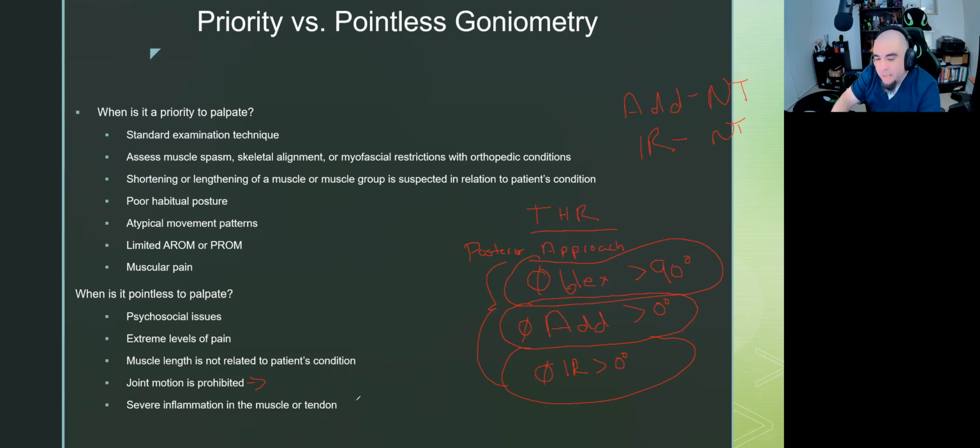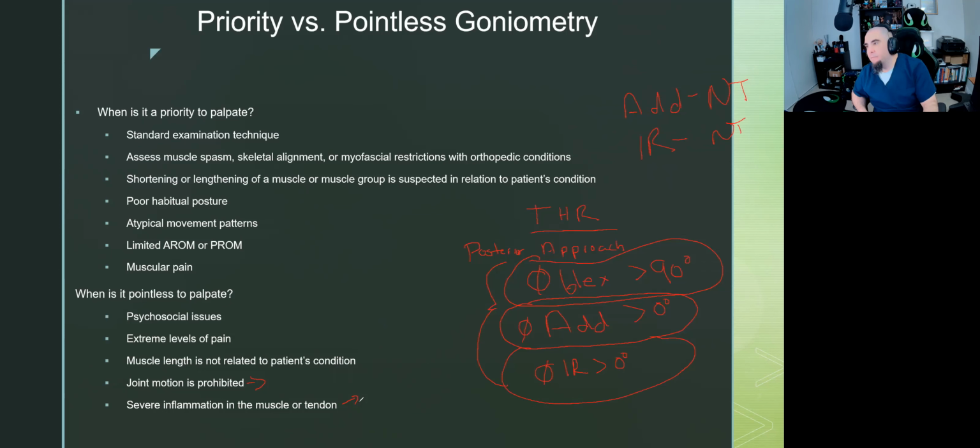If the muscle tendon or the tendon or muscle itself is severely inflamed. So if you've got a patient that has really bad tendinitis, tendinosis, tenosynovitis, any of those conditions that it's in an acute flare setting and it's really inflamed, like you can feel the heat coming off of it, it looks red and angry, and they're just like, man, it just hurts today.